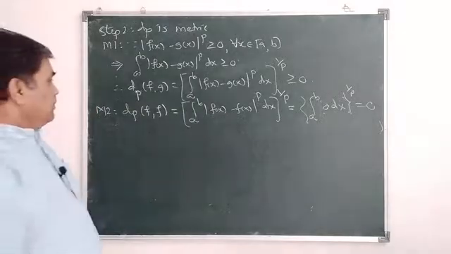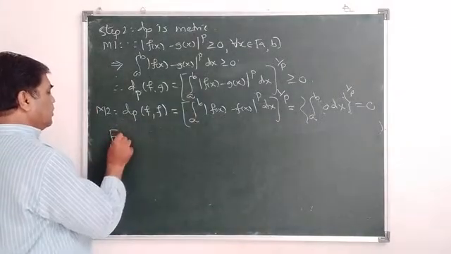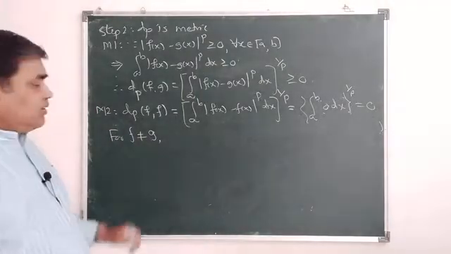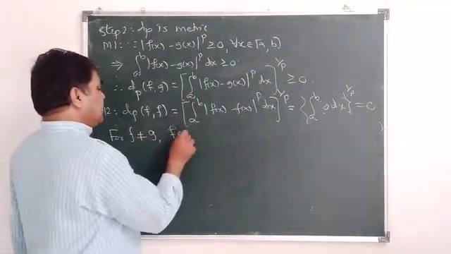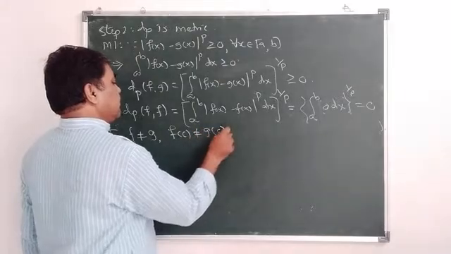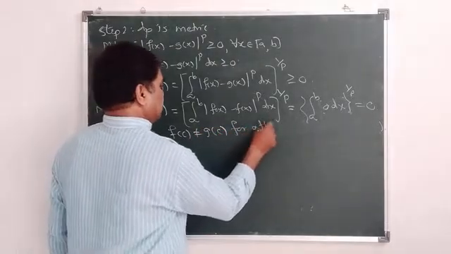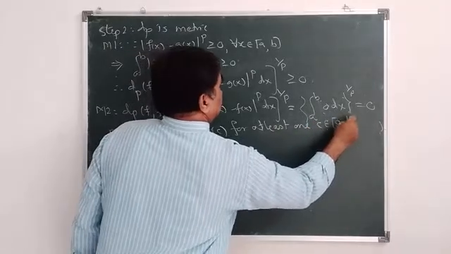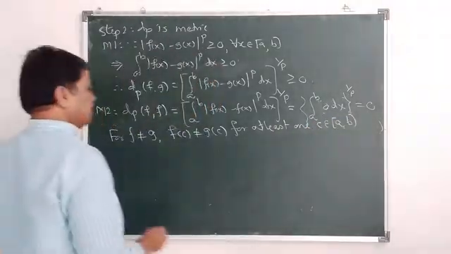For f not equal to g, f(c) is not equal to g(c) for at least one c belonging to [a,b].